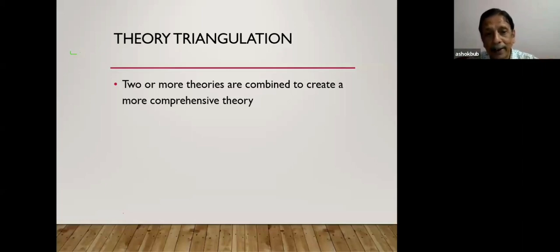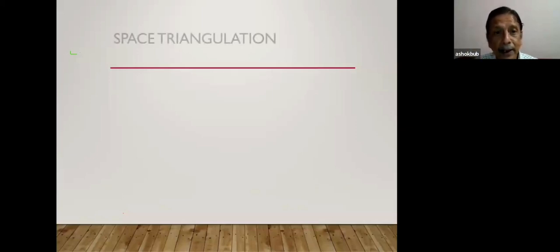What does the political theory have to say about poverty? What does the sociological theory have to say about poverty? Those theoretical constructs or theoretical correlates are put together. Probably the finding would be more comprehensive to understand the socio-political impact or the dimensions of poverty of a particular community or country. This is what is called theory triangulation.